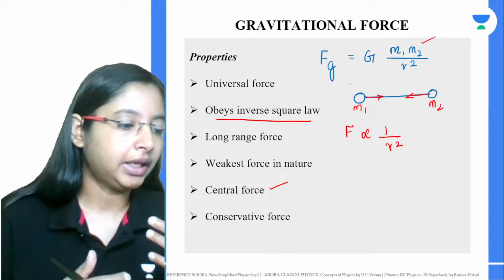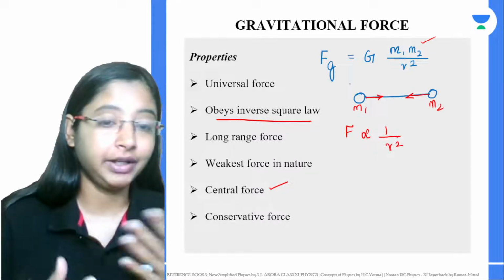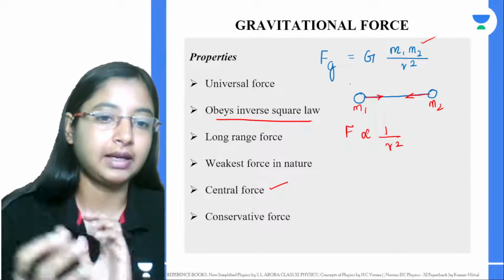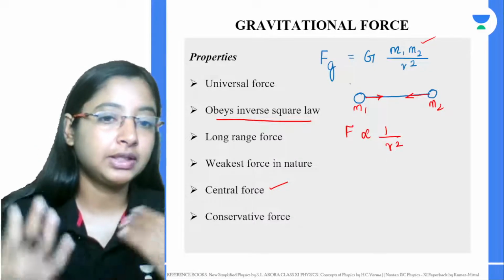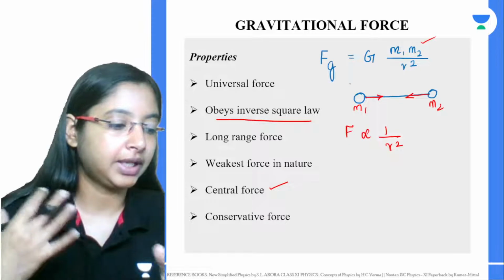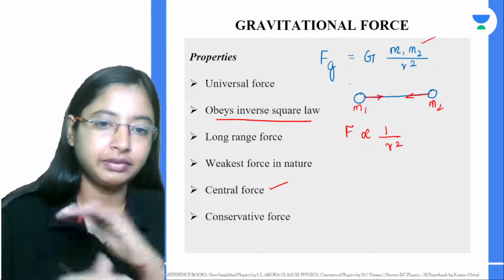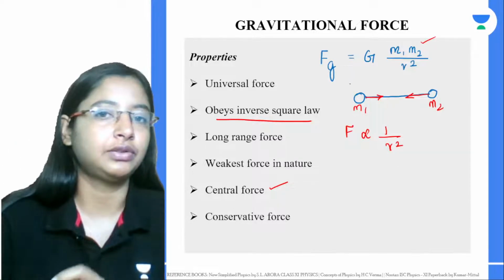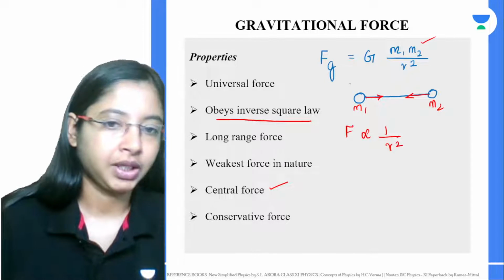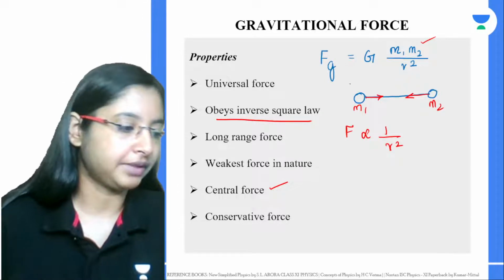It is the reason planets go around the sun, the solar system goes around the galaxy, and stars are bound within the galaxy. All of these are because of gravitational force. So these are the properties of gravitational force, and it's also a conservative force.